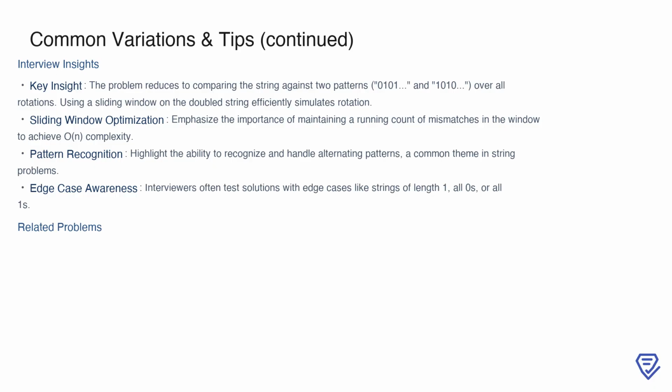Maintaining a running count of mismatches within the sliding window is essential to optimize this approach. Beyond this specific problem, recognizing and handling alternating patterns is a valuable skill that often appears in string problems. Finally, interviewers frequently test solutions with edge cases like very short strings, or strings composed entirely of zeros or ones, so being prepared for these scenarios is vital.